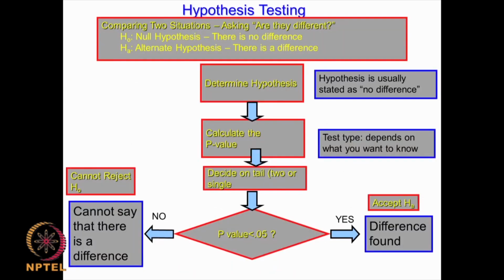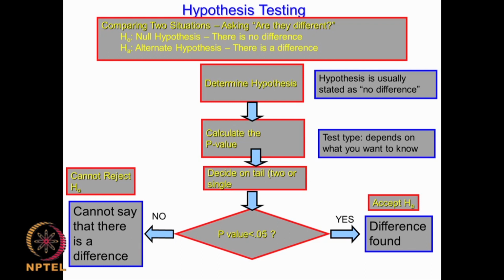So, again let me go back. We create the null hypothesis. The null hypothesis is that there is no difference, or status quo. The alternate hypothesis could be that there is a statistical difference between the new data set and the old data set. Then we use a two-tailed test, because when we say there is a difference, we do not say whether the difference is more or less.